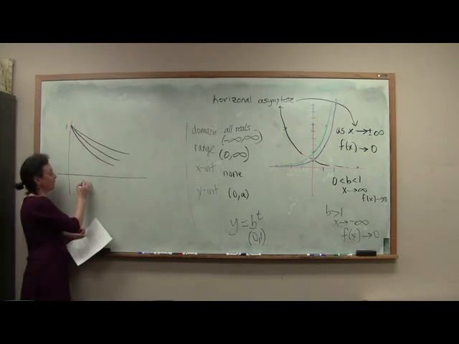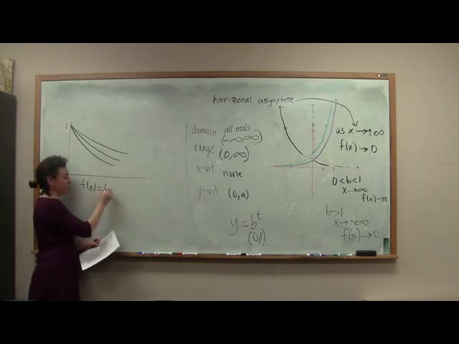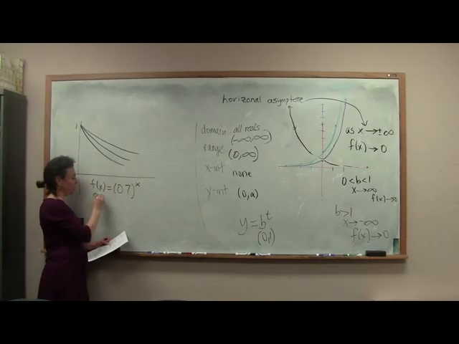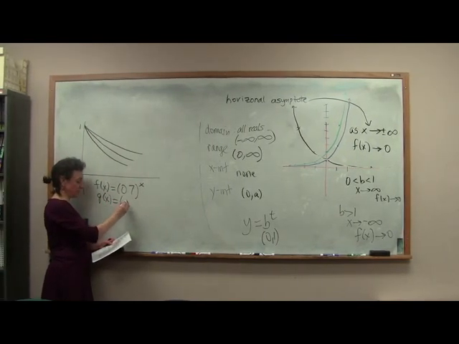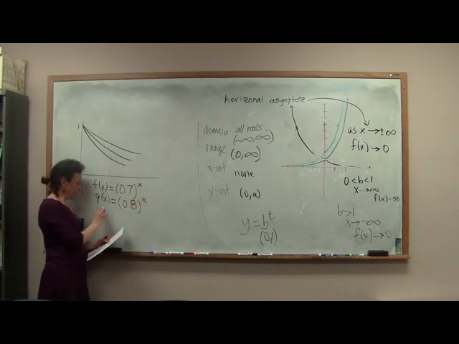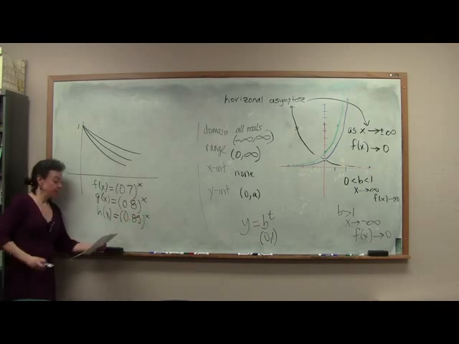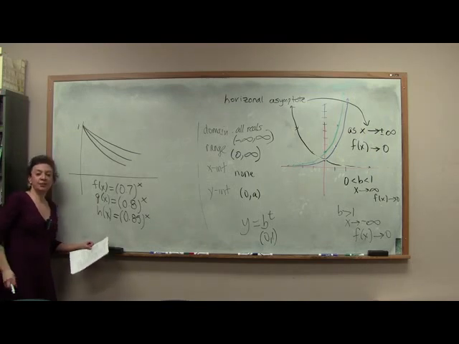And what I'm going to tell you is the graph of f of x, which is 0.7 to the power of x, g of x, which is 0.8 to the power of x, and h of x, which is 0.85 to the power of x, are in this figure.